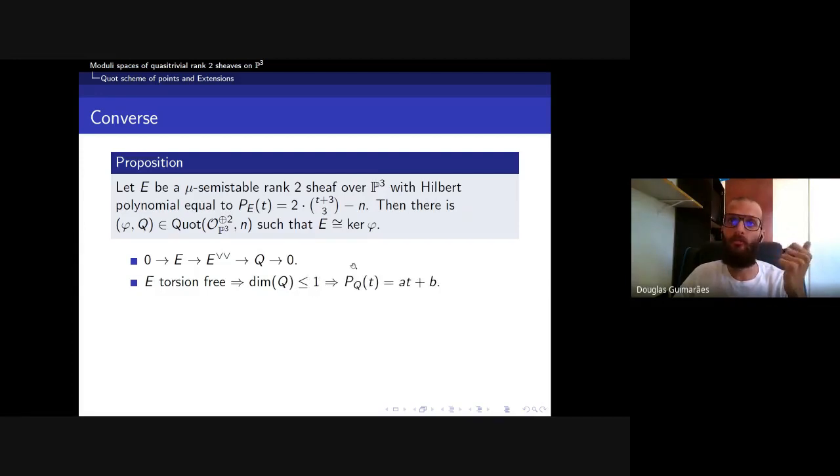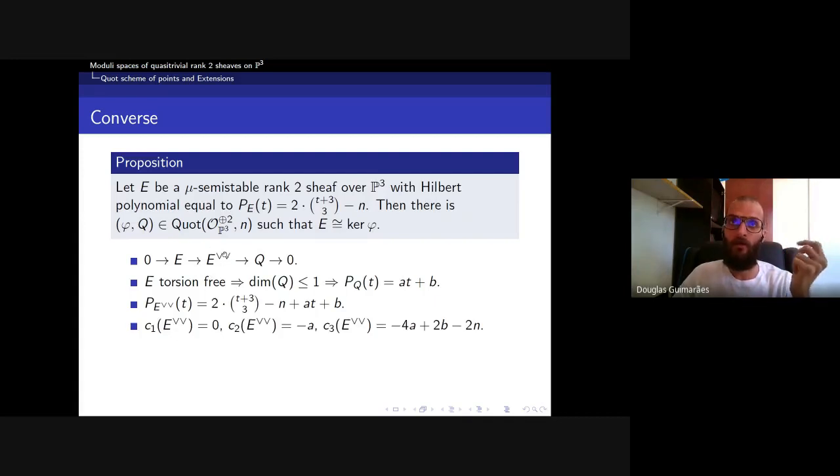So we can write the Hilbert polynomial of Q as some AT plus B. So in this case, we can now compute the Hilbert polynomial and the Chern classes of the double dual of E. And to achieve our goal in the statement, I claim that this E double dual is equal to just two copies of O.